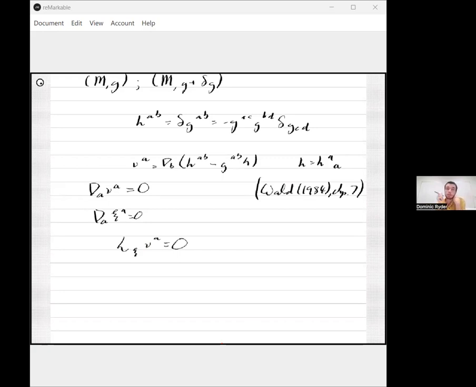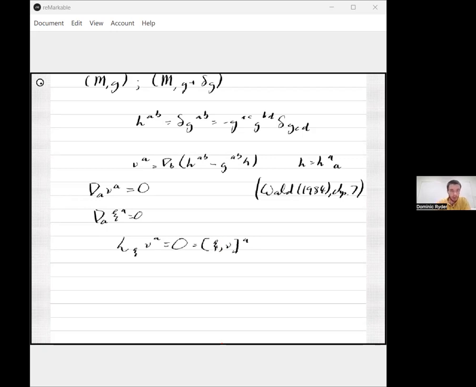But the Lie derivative of a vector field with respect to another vector field in a torsion-free spacetime is just the commutator. And so a commutator of xi with V is equal to 0.